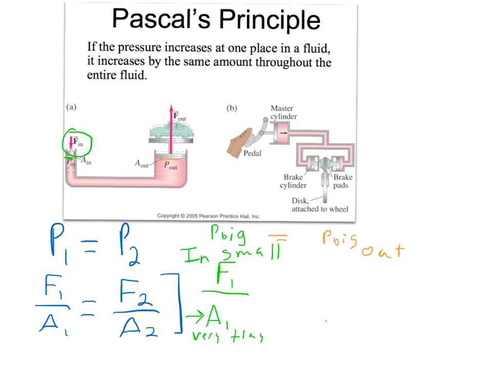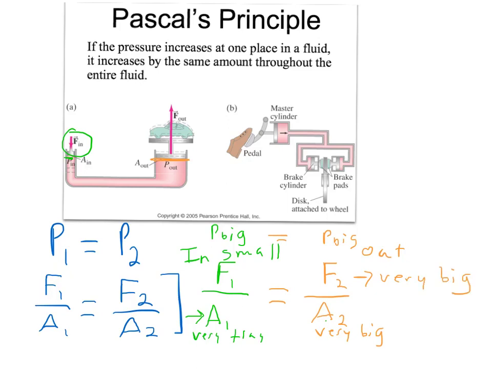On a jack, the area on the side coming out, the side that pushes up the car, is very big. So our area 2 is very big. Now, if you have a big denominator in a fraction, that usually means the fraction is small. So the only way to keep these two sides of the equation equal is if our force coming out is also very big.